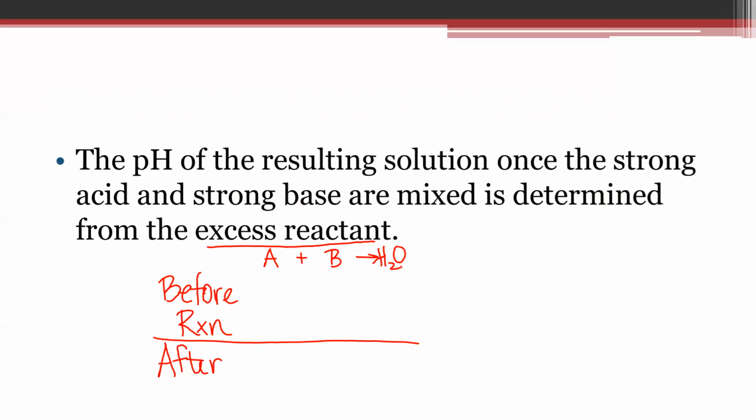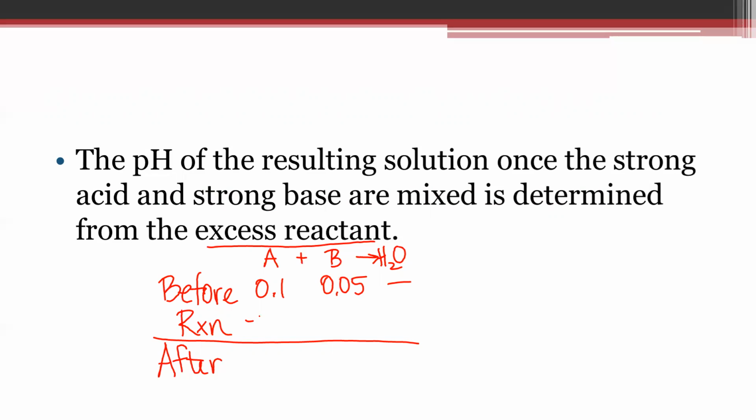Let's say that we've got 0.1 of A and 0.05 of B. Water doesn't matter because it's not going to have a concentration. So we will be able to tell right away what's the limiting reactant. It's the one that has less, okay? We can just assume that the reaction stops when we run out of the smaller of the two.